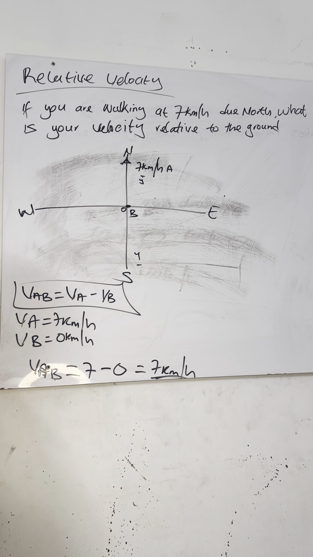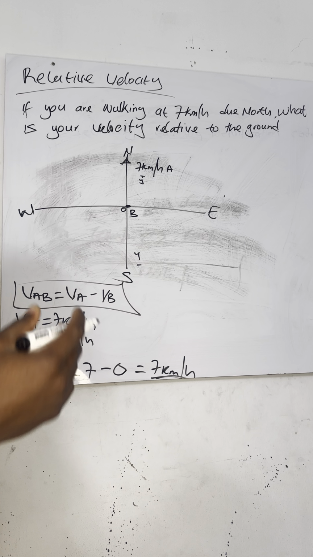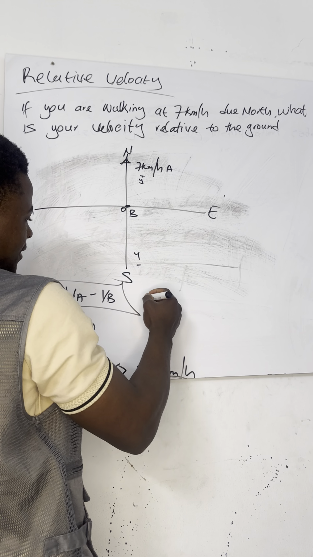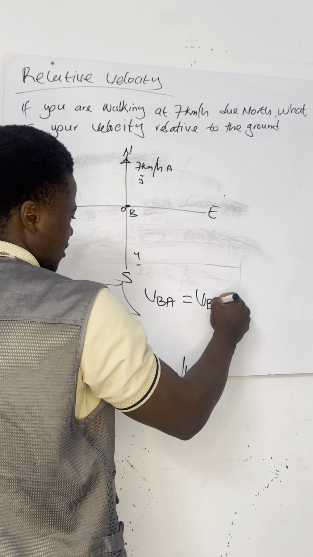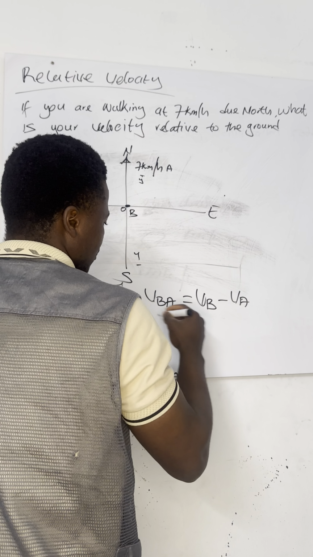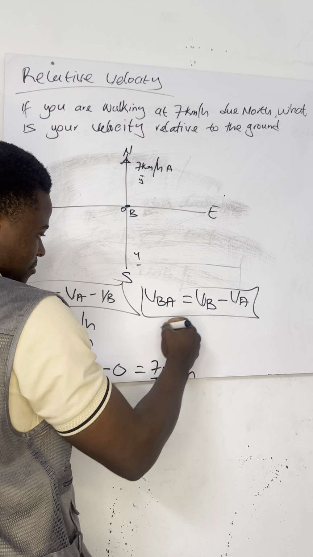What about the velocity of the ground relative to you? Now this will invert. This will be VBA, which is going to be VB minus VA. What is your VB?